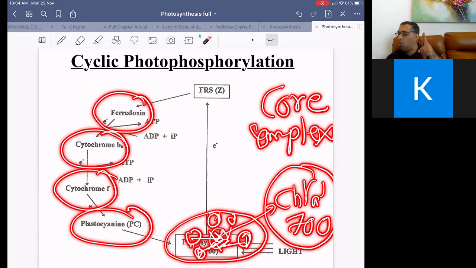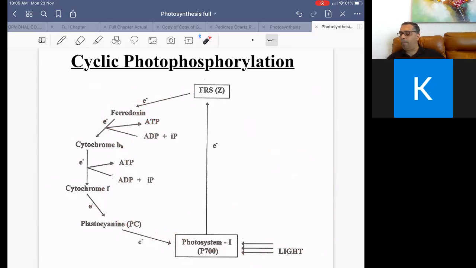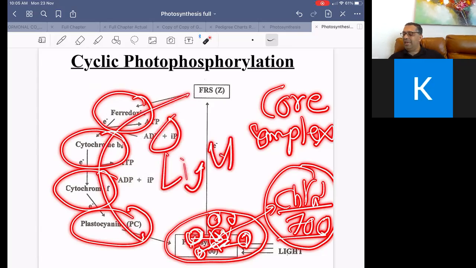Core is chlorophyll A 700 and all the electron acceptors, because the actual energy for ATP is made there. The 200 molecules of chlorophyll A683, chlorophyll B, and the 50 carotene and xanthophyll are only helping chlorophyll A to lose electrons. So they are called the light harvesting complex. What are they called? Light harvesting complex.